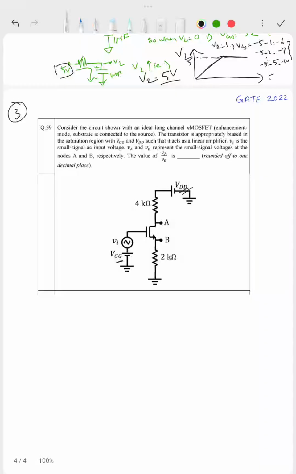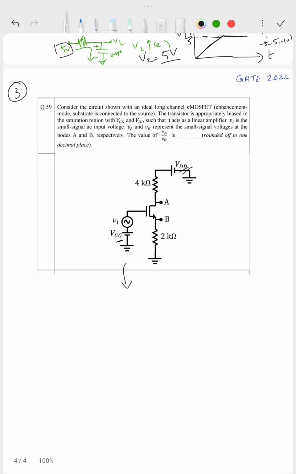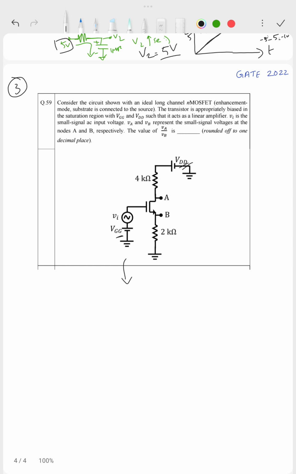The question is to find the value of VA by VB in small signal. So what we'll do, we'll just draw its small signal model. Here instead of drawing the pi model, I will directly draw with the transistor itself.